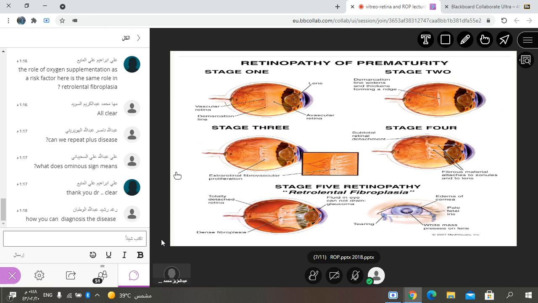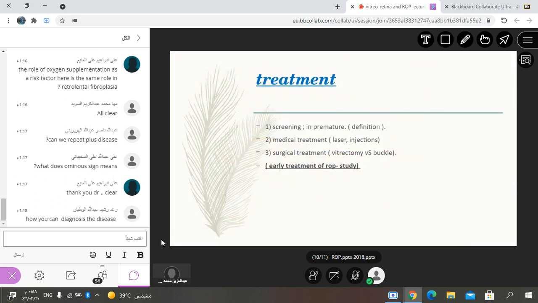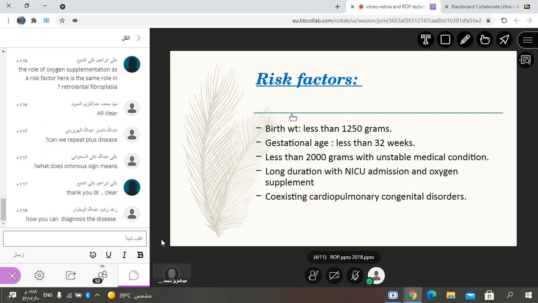How can you diagnose the disease? Examination and screening. And that's why we mention the inclusion criteria for screening of the baby. It's very important when you screen the baby. Do all babies need screening? No, of course not. But there is a screening protocol and there are inclusion criteria for the screening protocol. What are these?